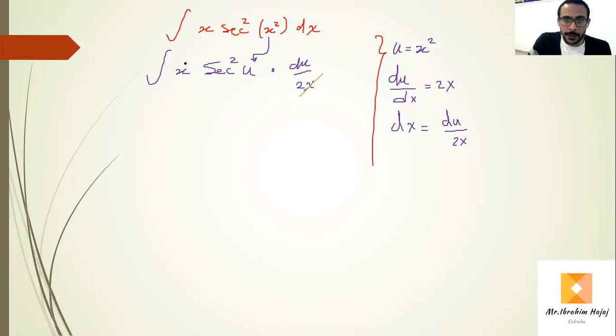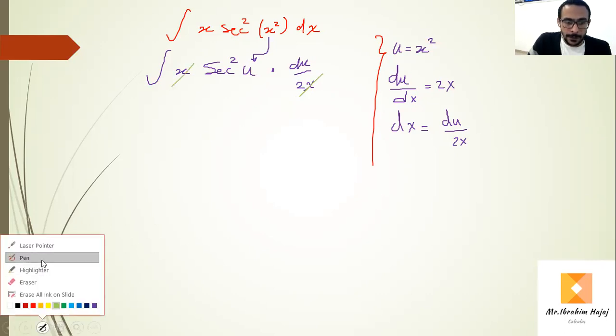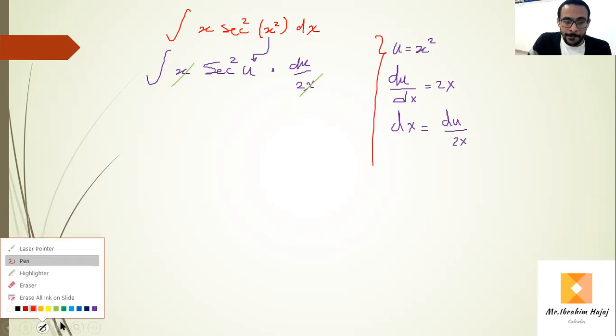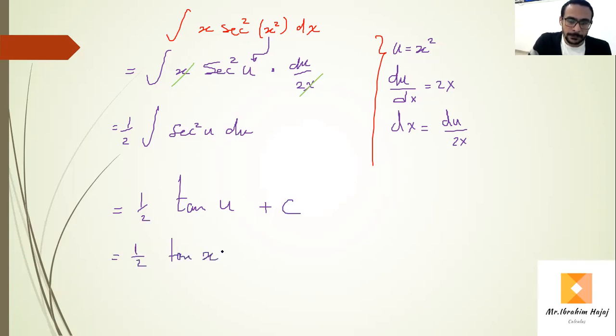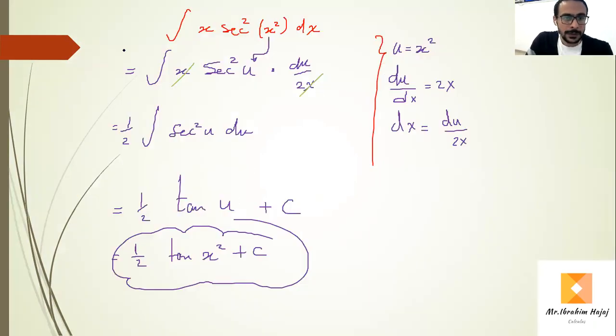Cancel out the x with the 2x. We have 2 in the denominator, Omar, so leave it outside. Half, yes. So you have half the integral of secant squared u, which is tan u, plus c. Then half tan of x squared plus c. So this question is number 27 in exercise set 4.3.